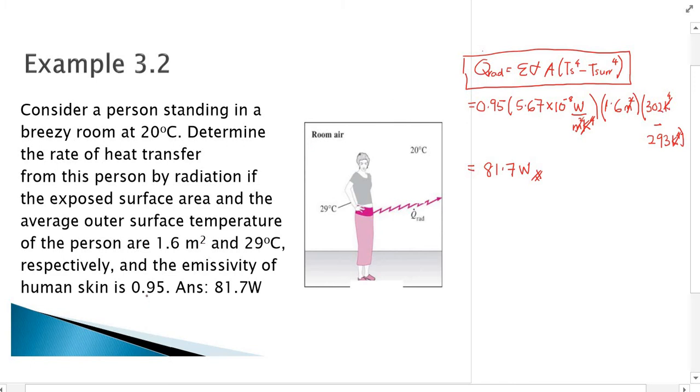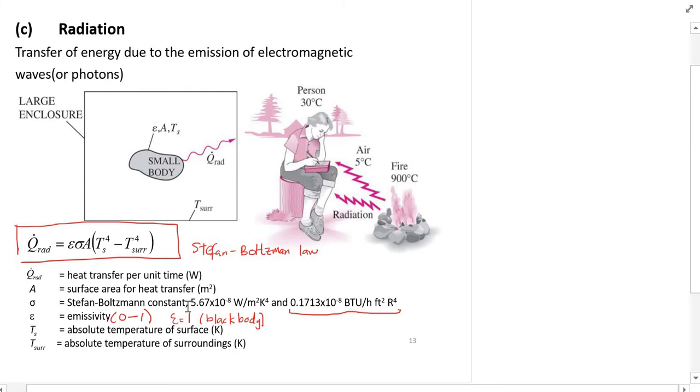They give you emissivity equal to 0.95, and the Stefan-Boltzmann constant is 5.67 multiplied by 10 to the power of negative 8 watt per meter squared K to the power of 4, because we are dealing with SI units. If you are dealing with English units, the value should be 0.1713 multiplied by 10 to the power of negative 8 BTU per hour feet squared R to the power of 4.